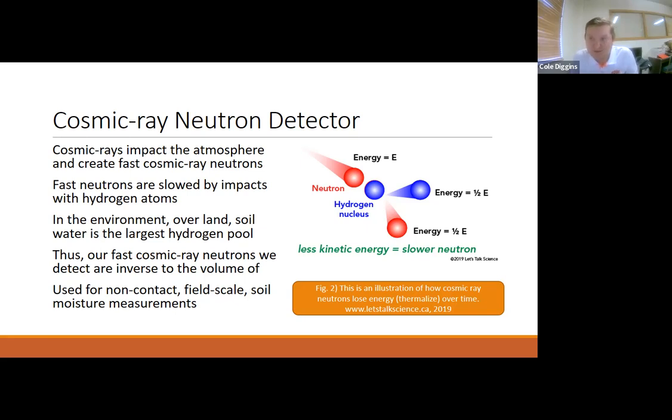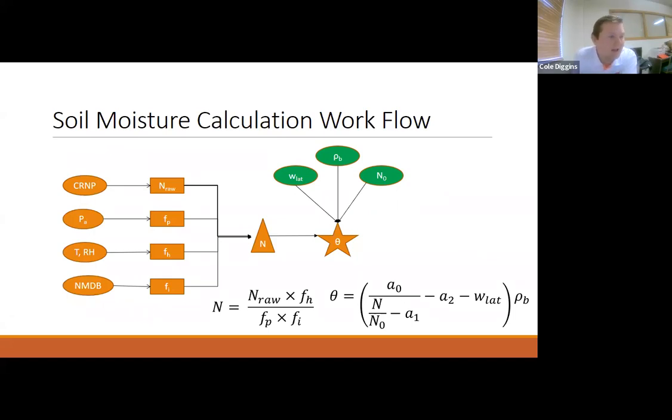And to get to those measurements, there's a few calculations we have to go through. I'd like to break it down really quickly here. We use our cosmic ray neutron probe, which is the little cylindrical piece I was talking about earlier, to get our raw neutron counts.